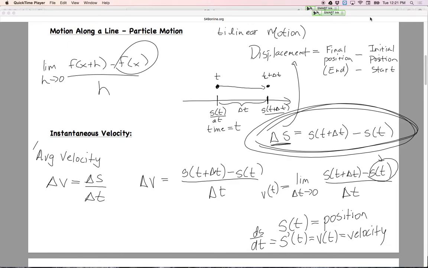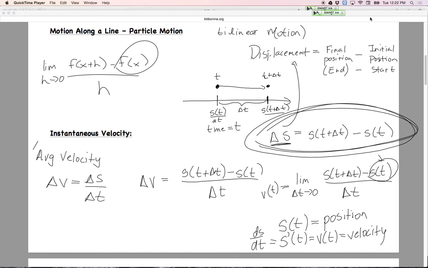It's no longer change, it's instantaneous. ds over dt. Isn't this distance divided by time? ds divided by dt, isn't that position divided by time, which is velocity? It's not average anymore, it's instantaneous. So, what you've just learned, ladies and gentlemen, is that the derivative of position is velocity.